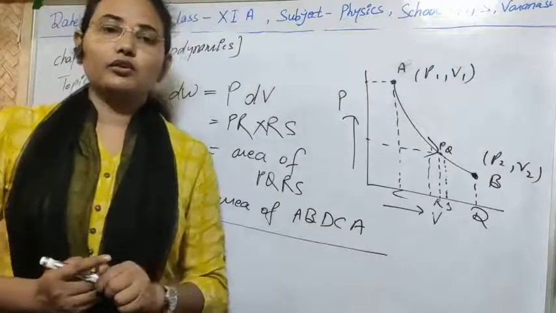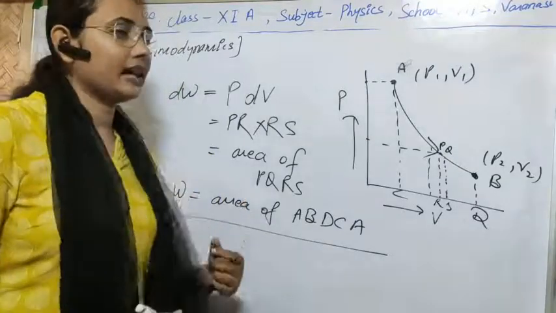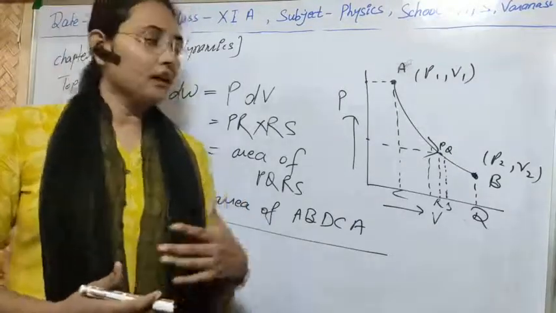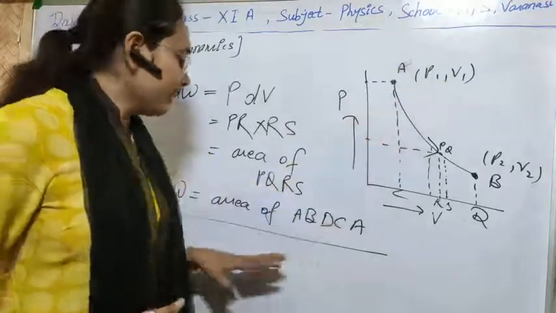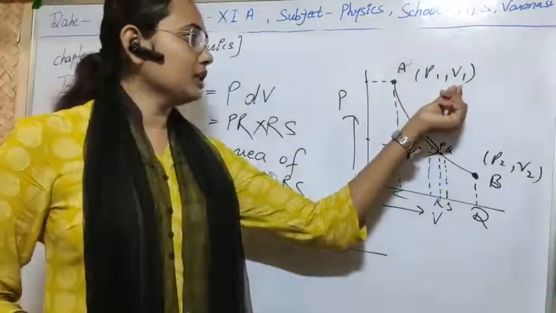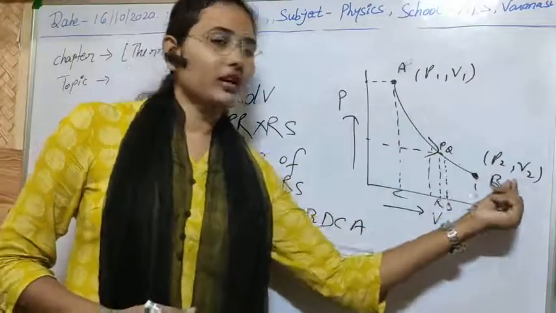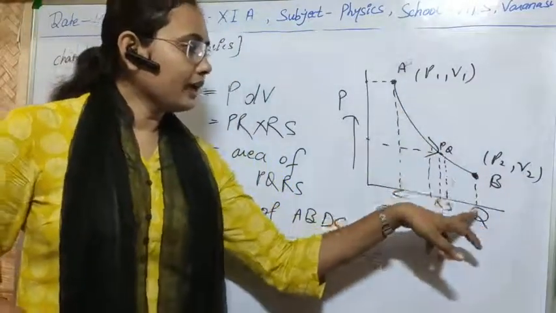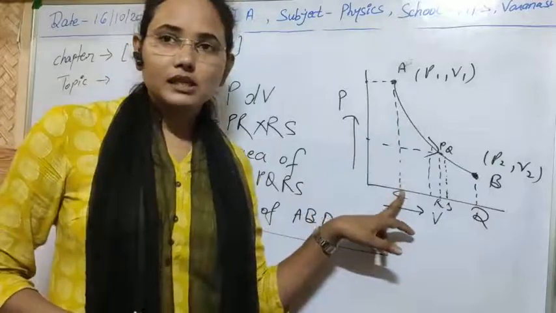We don't know whether the gas is expanding or compressing, but we can calculate the work done to change its volume from V1 to V2, and that will be equal to the area covered by this curve.